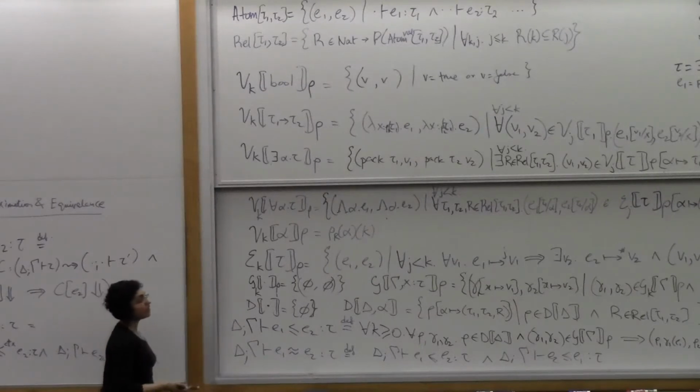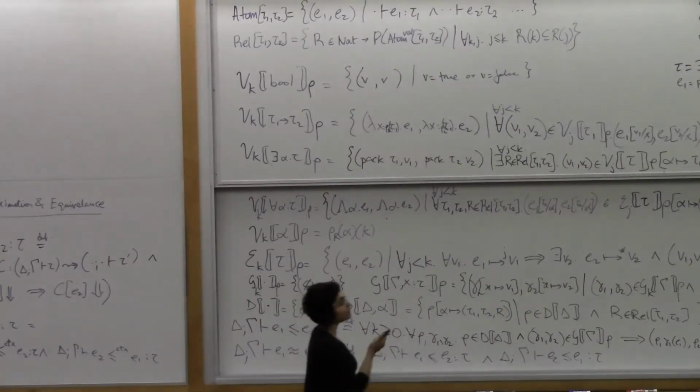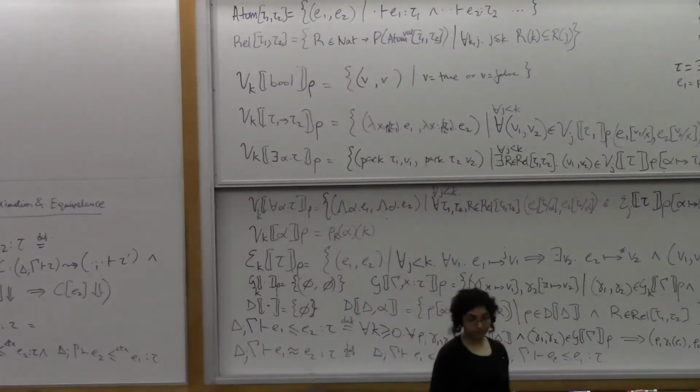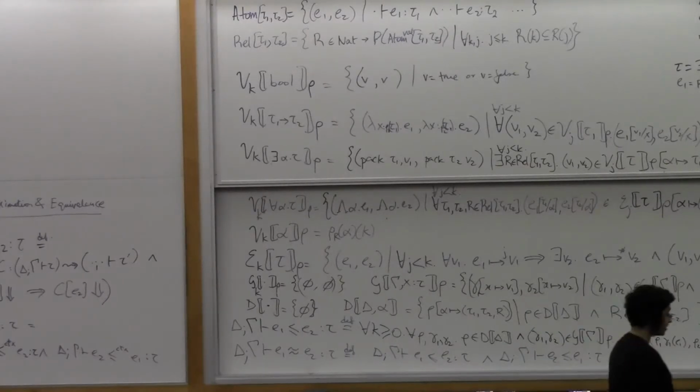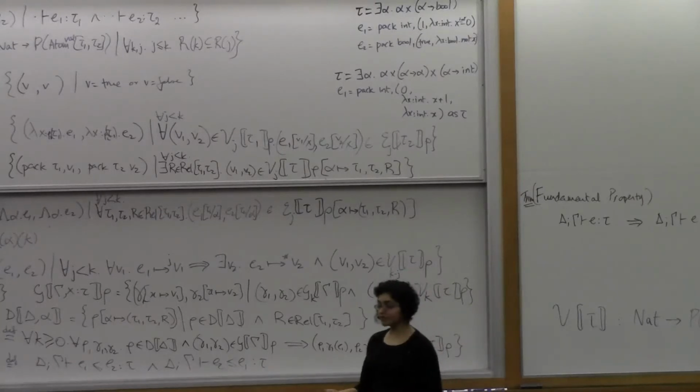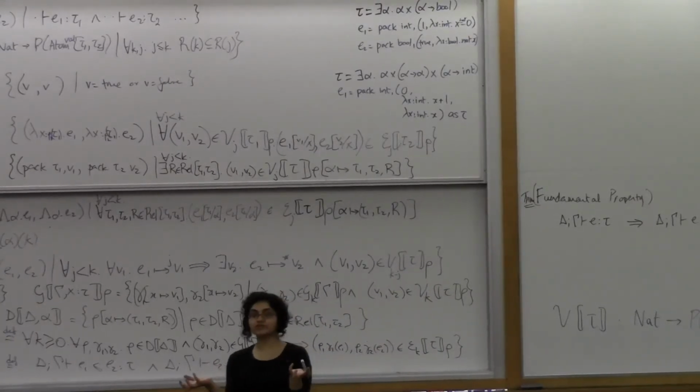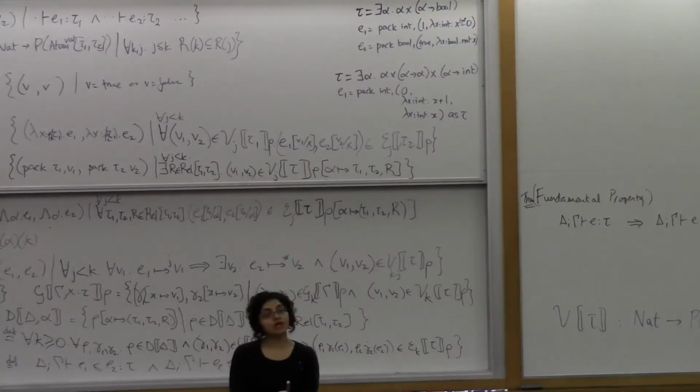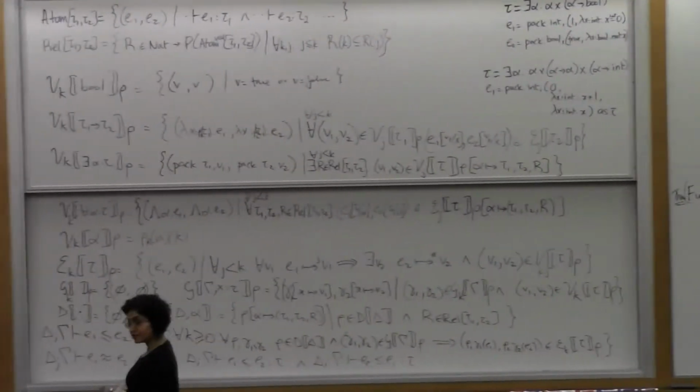Now, that's not all we need, right? Once we've proved the fundamental property, we started out saying, hey, we want a proof method that allows us to easily prove that two given expressions or programs are contextually equivalent.